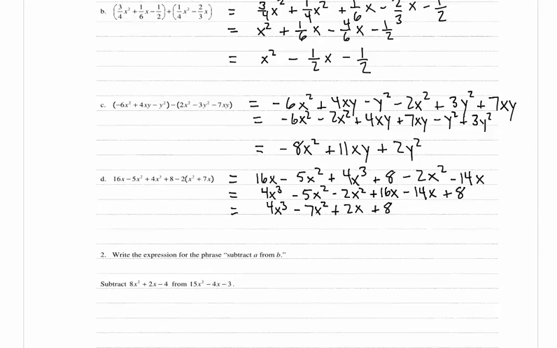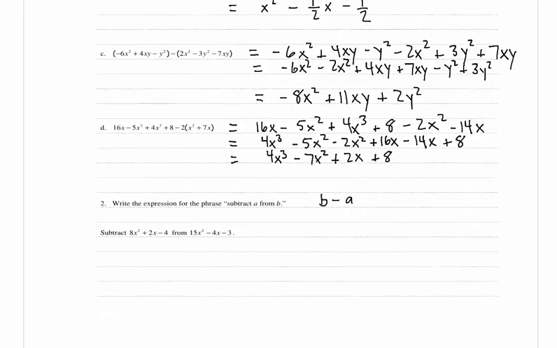And 2, it wants us to write the expression for the phrase subtract A from B. So we want to take A away from B. So we're going to have B minus A. And now it wants us to subtract 8x squared plus 2x minus 4 from 15x squared minus 4x minus 3.